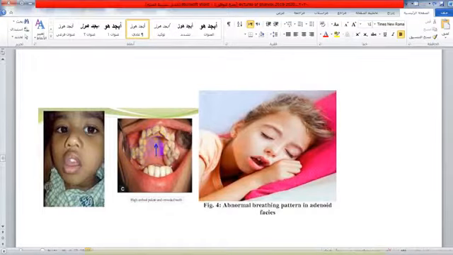See this face: vacant expression, open mouth, prominent teeth, widened face. These are the characteristic or classical face, the adenoid facies.